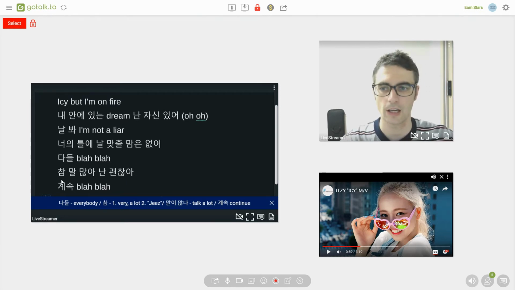Then we have 참 말이 많아, 난 괜찮아. 참 can have two meanings. One is very or a lot, and then another meaning, 참, if you say it like this, it can mean like, oh geez, oh God. Usually when you're annoyed or want to say something bad about someone. It's not used really in a good sense when you say 참.